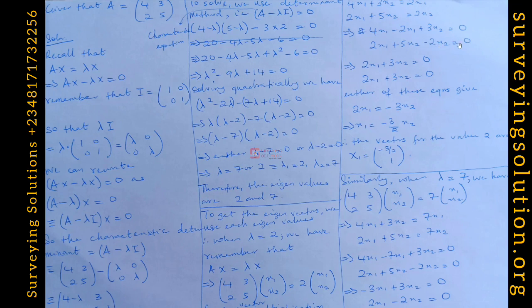So if we simplify further, we have 4 minus 2, which is 2x1, plus 3x2. Then we still have our 2x1 here, then plus 5 minus 2, which is 3x2, all equal to 0. So these two equations are the same, they are all equal to 0. That's why we said either of these equations gives us this expression that 2x1 is equal to minus 3x2, right?